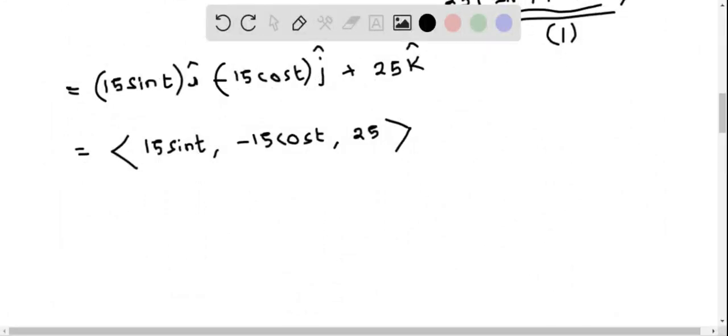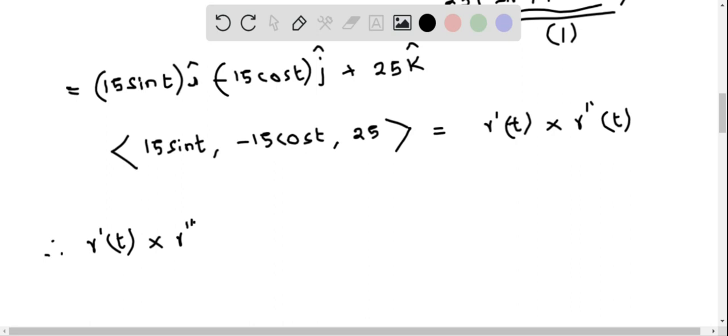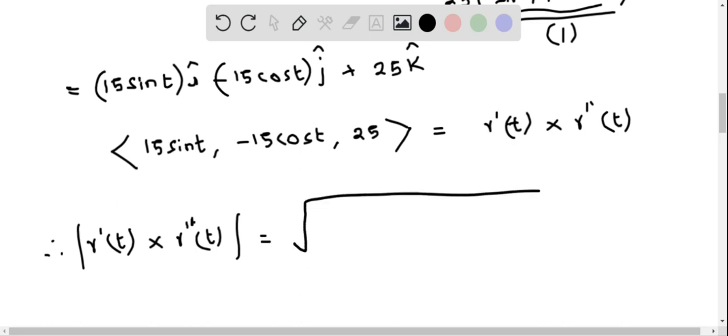So we know that this equals r prime of t cross r double prime of t. And now we will find its magnitude. So the magnitude of r prime of t cross r double prime of t equals, we have to put a square root, and we have to do the sum of the squares of the components.